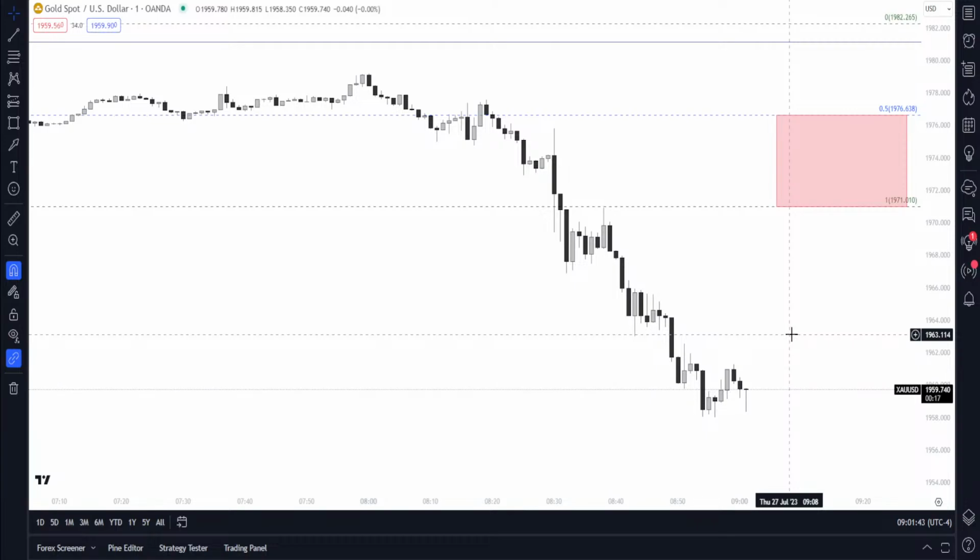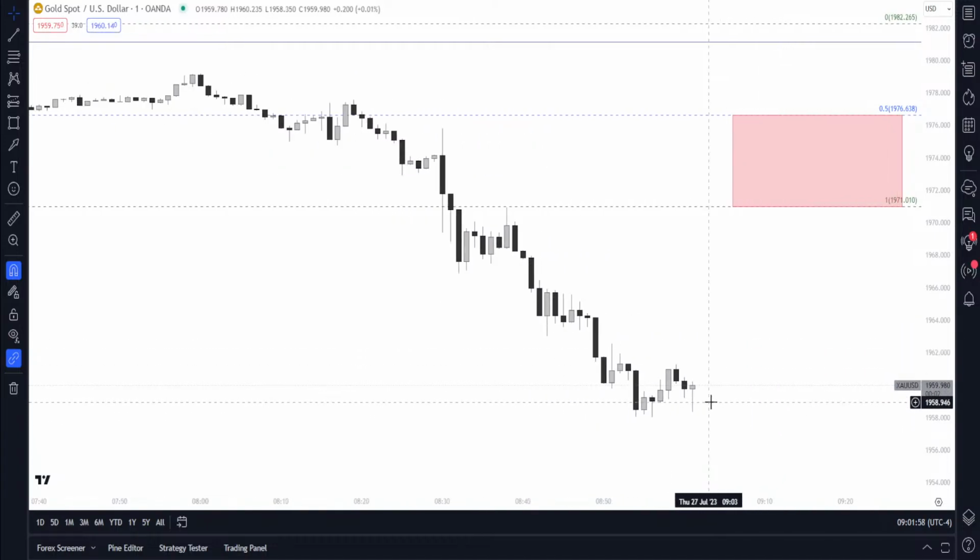Alright, let's see what happens. I'll keep streaming for like maybe 10 more minutes. Let's see here. Maybe we get a trade set up here. If we could get a bullish engulfing candle soon.